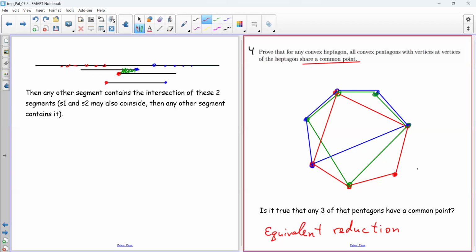But I continued because it was just the first several minutes, and I did another equivalent reduction. So after a sequence of probably 3, 4, maybe 5 equivalent reductions, I remained with a completely different inequality, which looked rather more natural, and I understood that it is most likely solvable with techniques which I have in my skills.